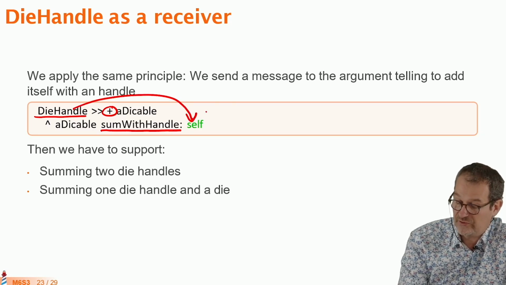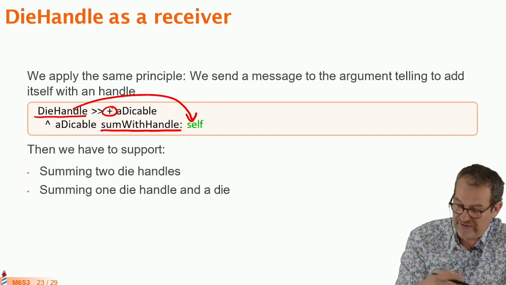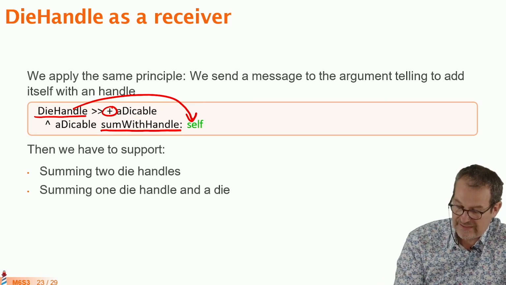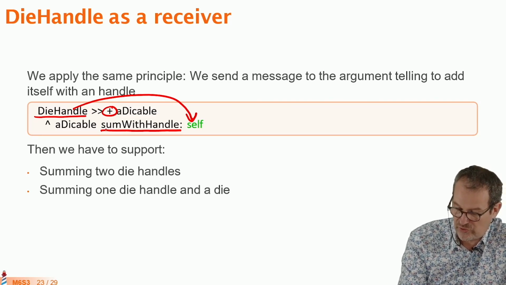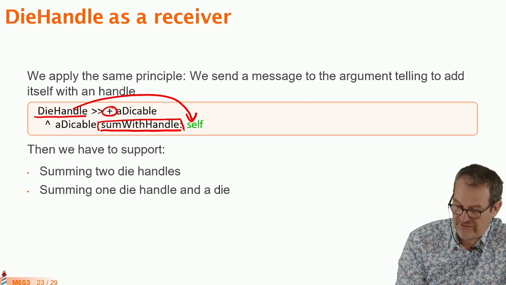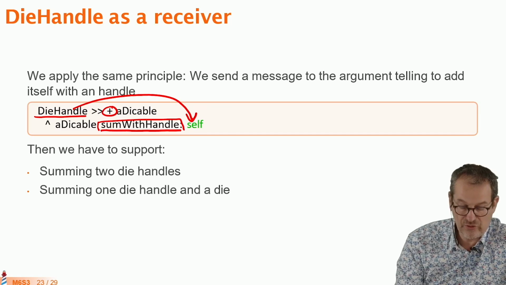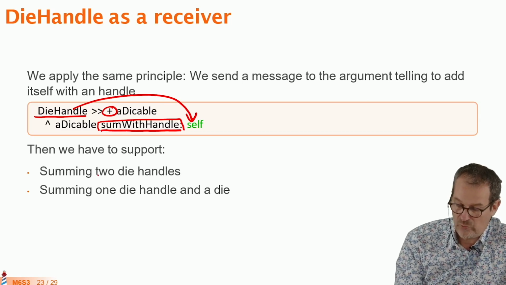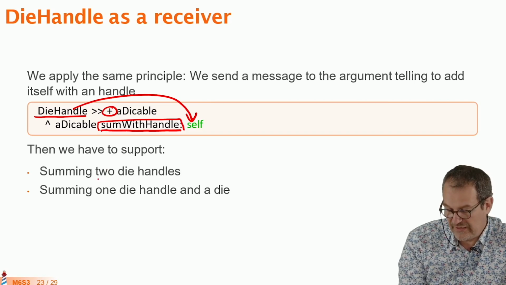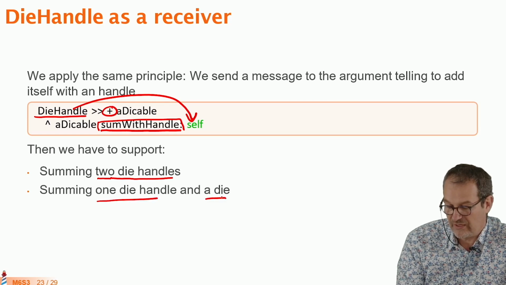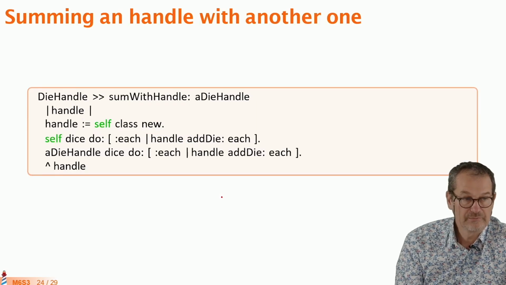In fact, we do exactly the same as what we did on the die class, but we do it on the die handle class, and then we will define this method on two classes, one for die and one for die handle. And like that, we will be able to handle all the cases. We will be able, in this particular case, to handle the sum of two die handles or one die handle and a die. Let's look at it.